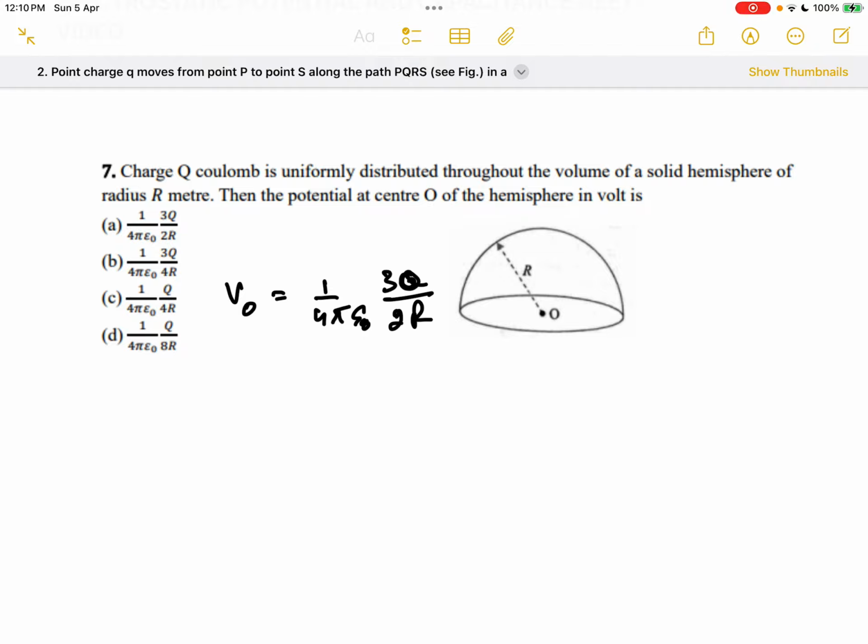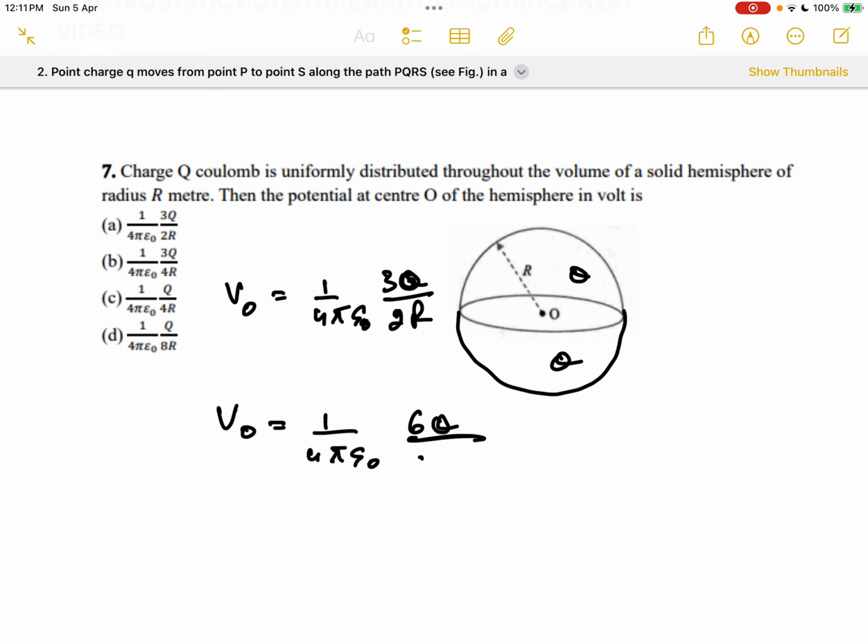That's what it is. Now, if you think about it, this is only half the complete sphere. If you imagine the sphere to be complete, then the charge on it would be, here it's a q, here it's a q, it's going to be 2q. So the potential at the center would be equal to 1 by 4 pi epsilon naught 6q divided by 2r.